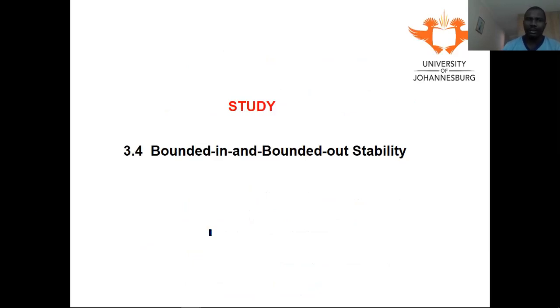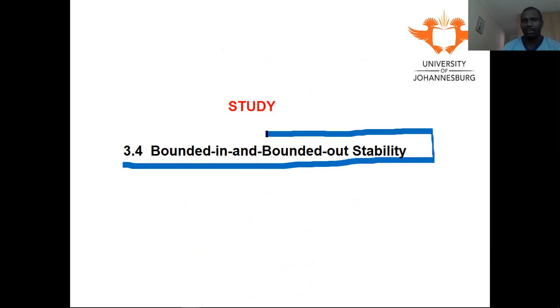The study for chapter 3 concludes with bounded-input bounded-output stability. Please also look at that section, and that will close the chapter.